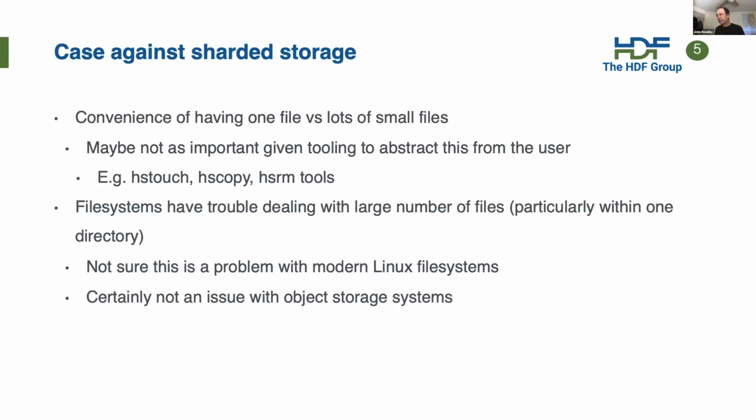The case against sharded storage, well, I guess there's convenience. And I guess this is one of the benefits of HDF5 when it first got started: you have one thing to pass around that contains all your data. But maybe if you have the right tools that abstract this concept of files, that's not such a big issue.